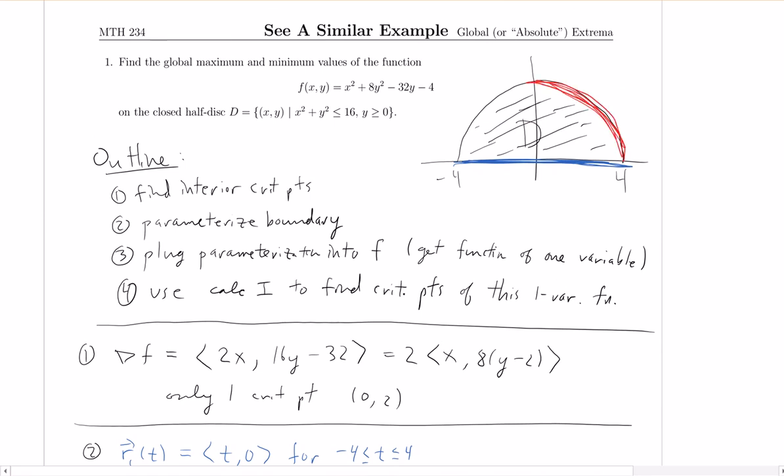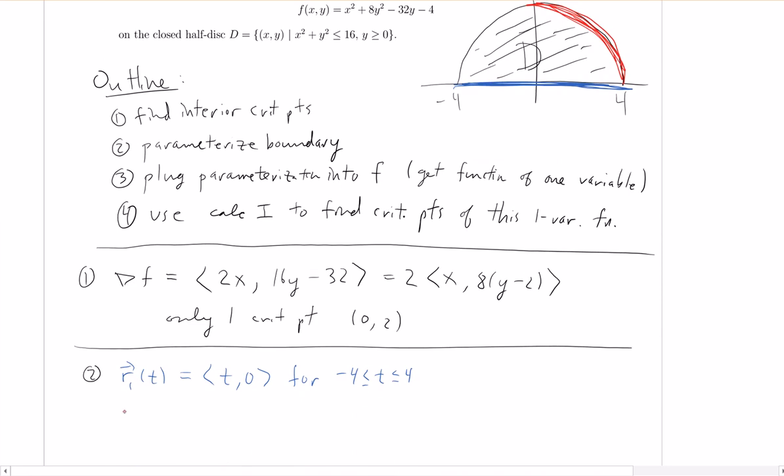So the right one I'm going to color red, and parameterize that as what I'll call R2. I'm going to parameterize it with y being the parameter. And so if we solve, we'll get something like this. And here t will be from 0 to 4, since t is the y coordinate.